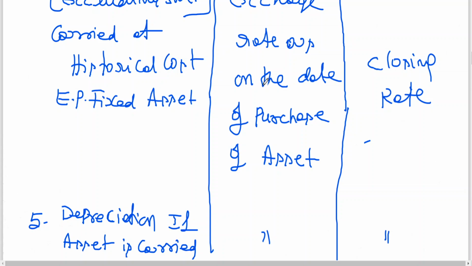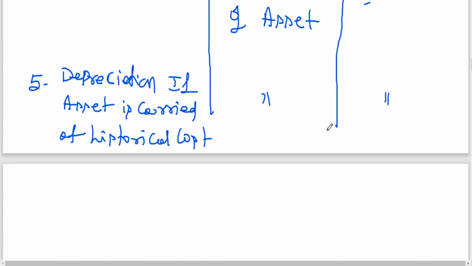Actual exchange rate as on the date of purchase of asset, and here it is closing rate. All of you, fourth and fifth point is same.